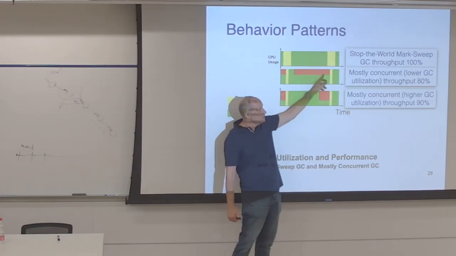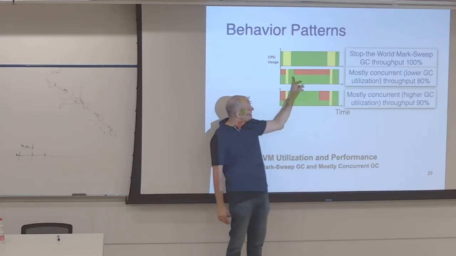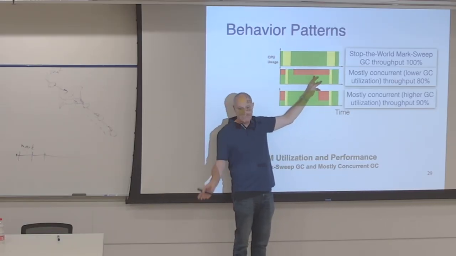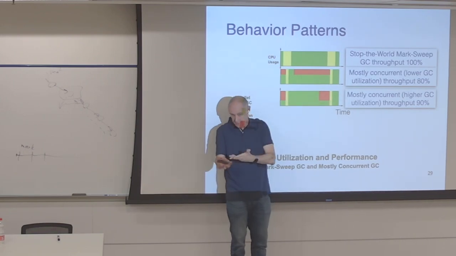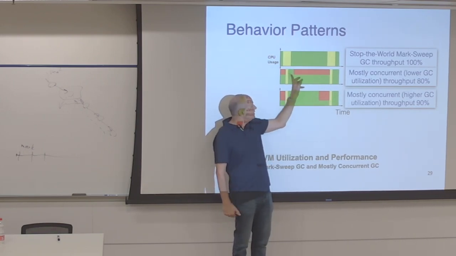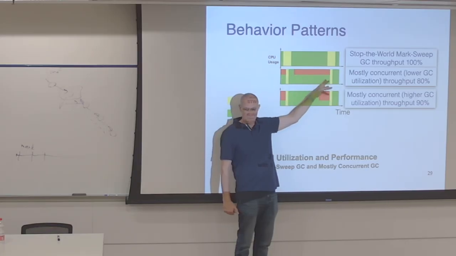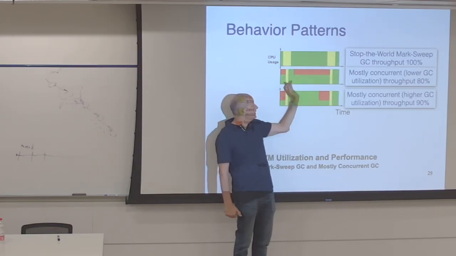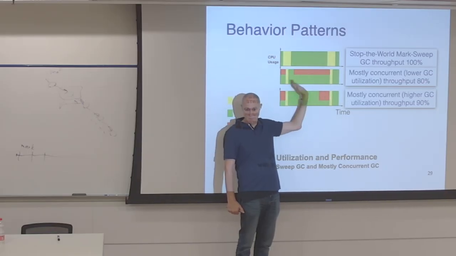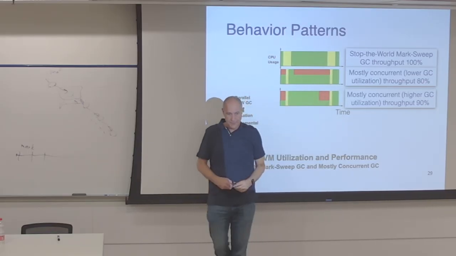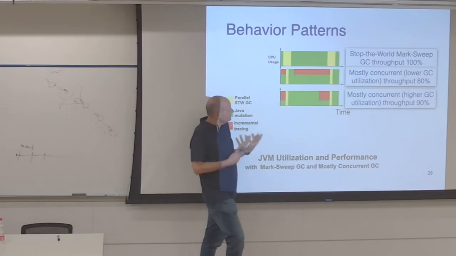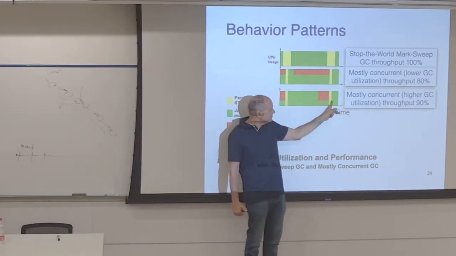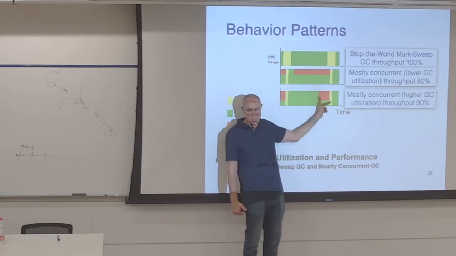But this takes a lot longer because while you're running the collector, more cards get dirty, and maybe you also have more floating garbage, and so this takes a lot more time, and maybe you run it all the time between the stop the world collection. And it turns out that this is a lot better for throughput because this is so short and you finish it quickly.